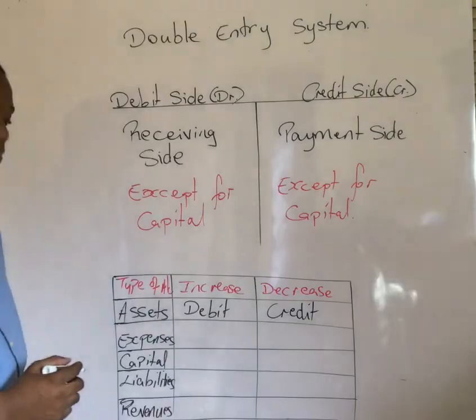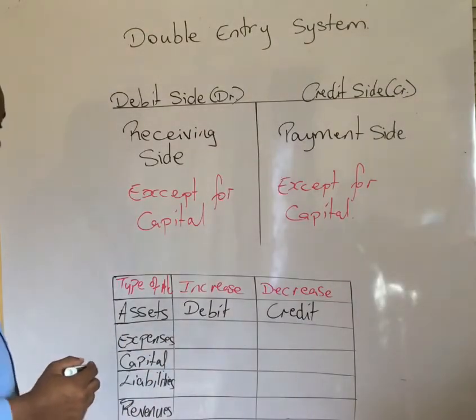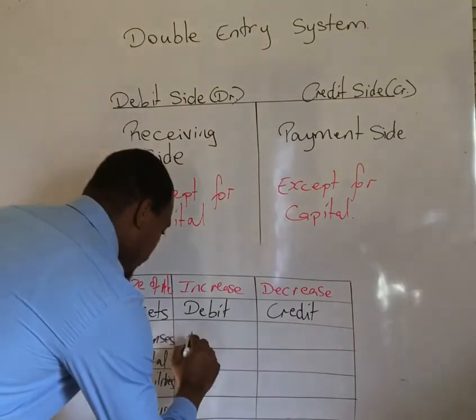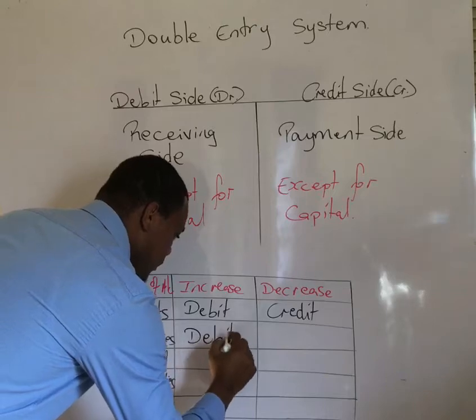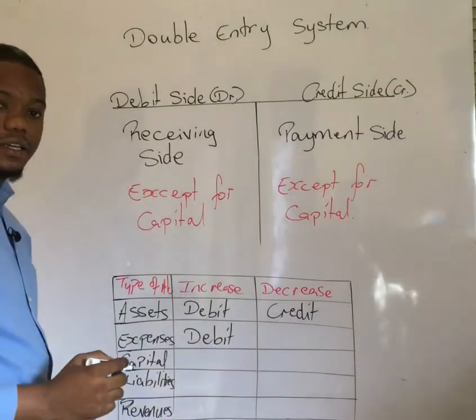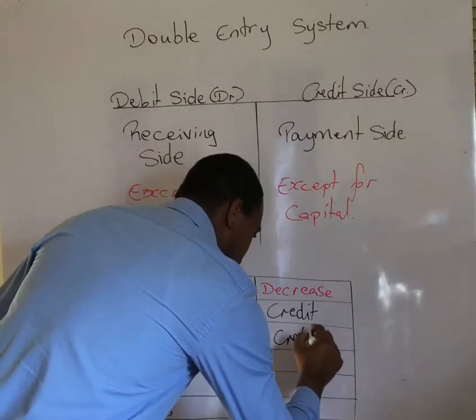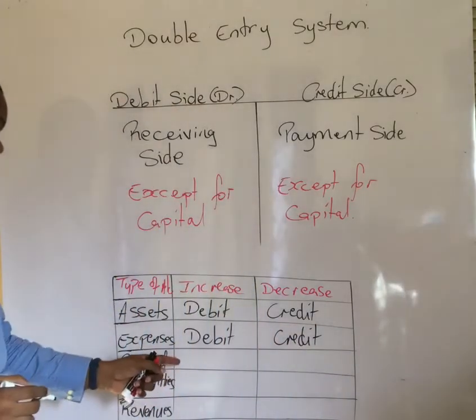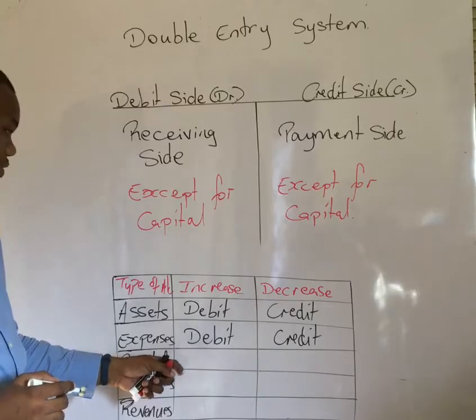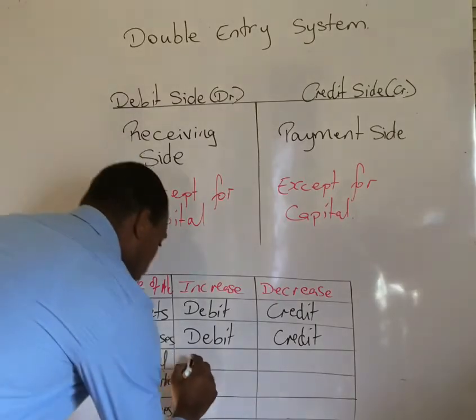All right. For the expense account, if there's an increase in an expense account, we would debit. If there is a decrease in our expenses account, we would make a credit entry. For the capital account, if there is an increase in the capital account, we would credit.